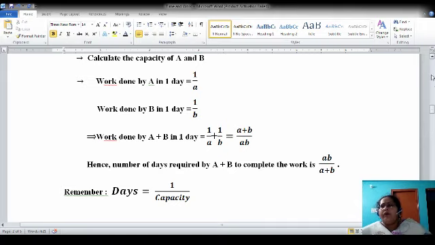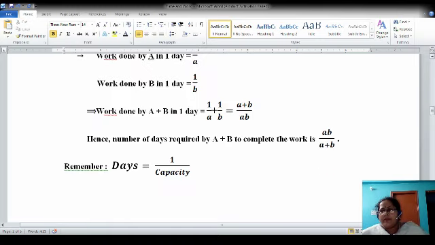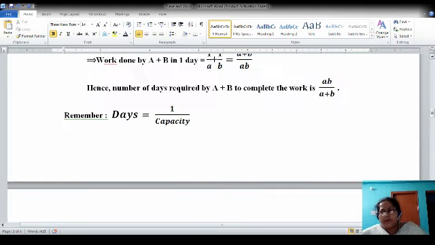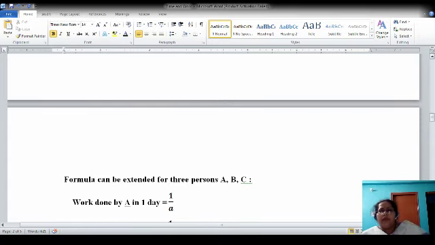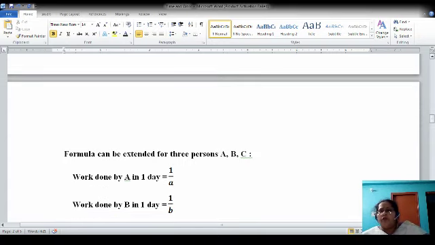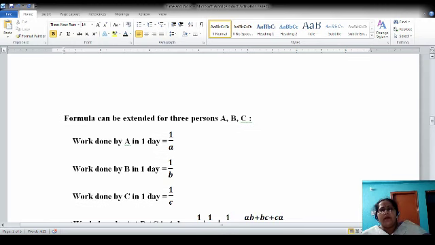Here I have brought this formula for when we have two people, A and B. Now this formula can be extended to more persons. So suppose we have A, B and C. Work done by A in one day is 1 by a, for B it's 1 by b, and for C it is 1 by c.